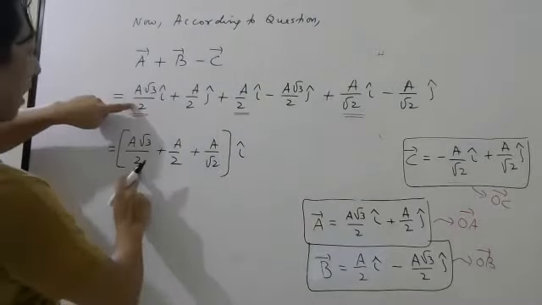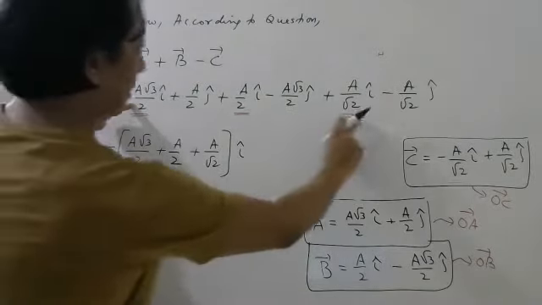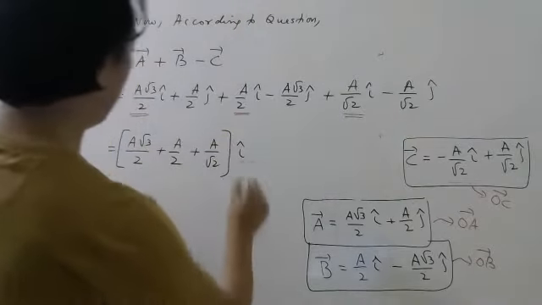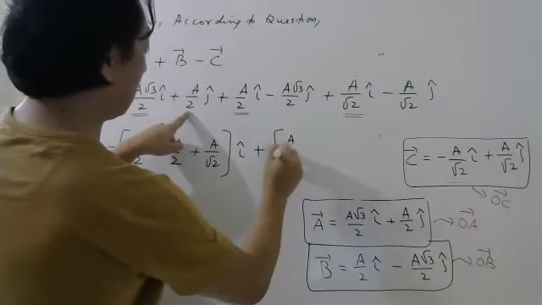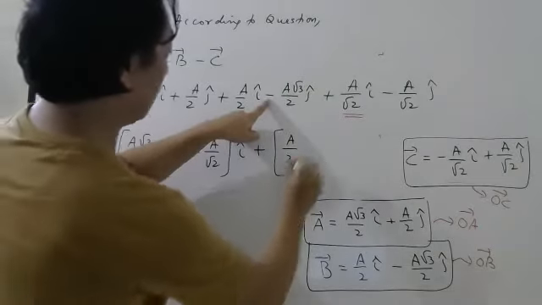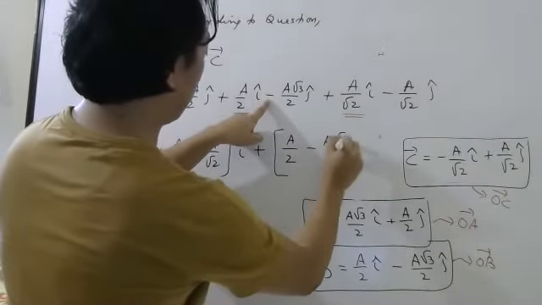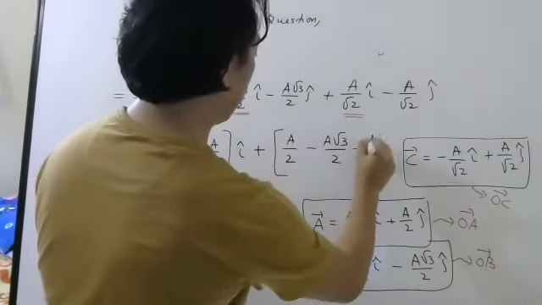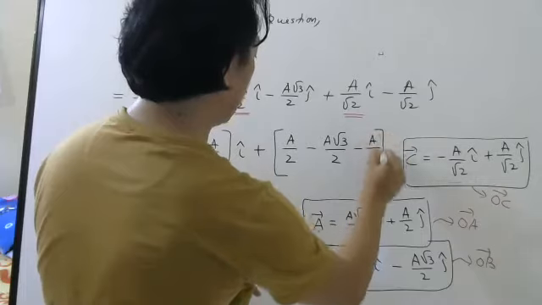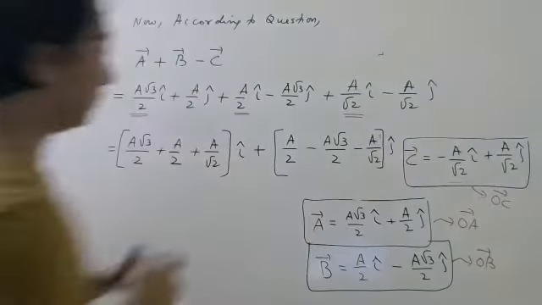So this vector, like terms I am putting together, plus j cap, a by 2, minus, be careful, a minus a root 3 by 2 j cap, and here minus a by root 2 j cap.